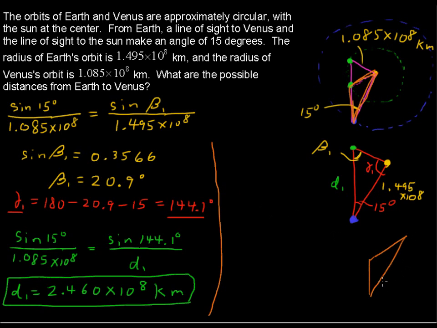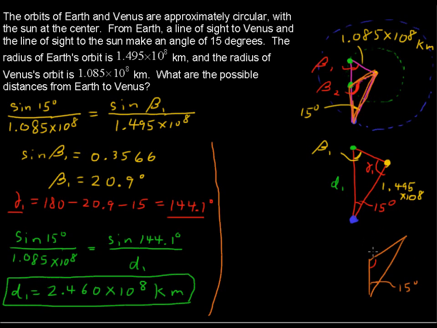There, and we still have this angle as 15 degrees, and we still have, we found out beta sub 1, but now beta sub 2, the other possible angle, right, where up here was beta sub 1, this would be beta sub 2. We'll label that there. Beta sub 1, beta sub 2, the two possible angles for the two possible triangles.